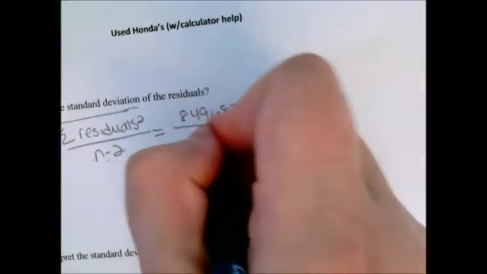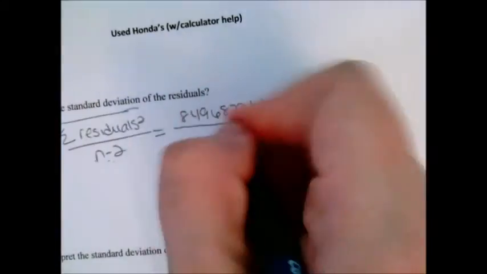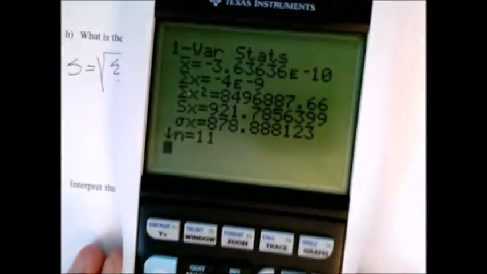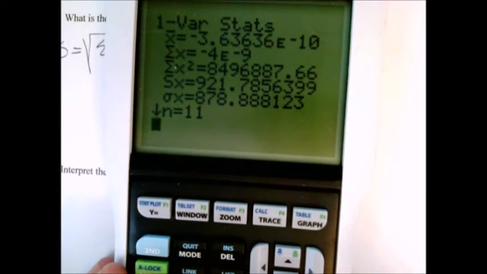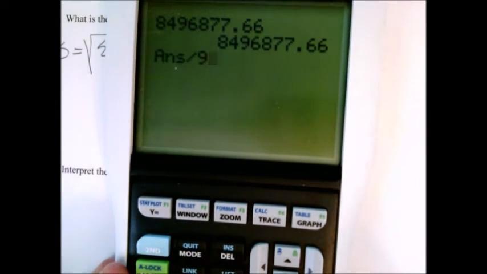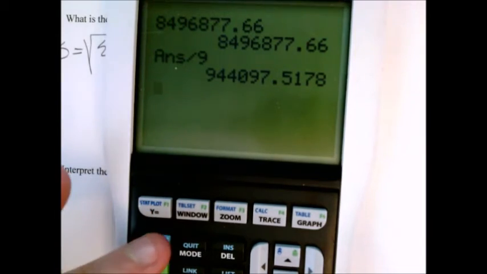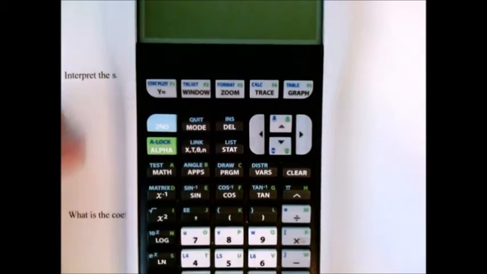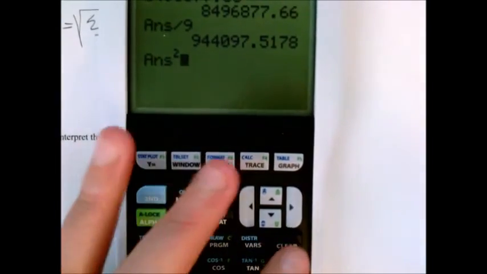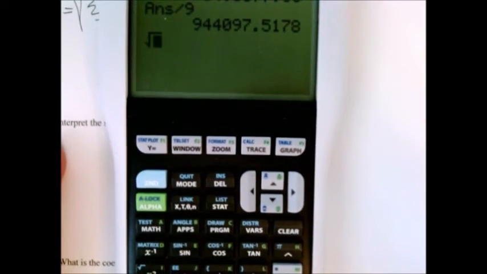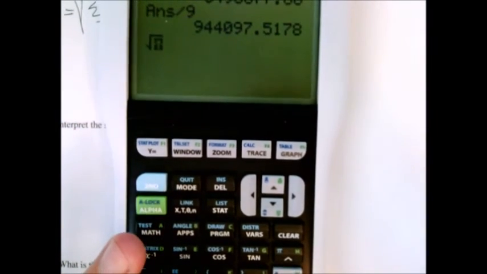8,496,877.66 divided by, now we had 11 cars, so 11 minus 2 is 9. That's where I get the 9 from. Then the square root. So back to my calculator, I put in 8,496,877.66 and hit enter. Divide by 9, hit enter. Then I take the square root with the second x squared button, and press second answer.